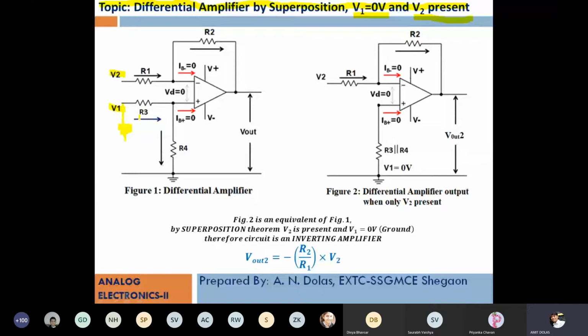As V1 is grounded, you can see resistances R3 and R4 are connected at the same terminal, that is the non-inverting terminal and the ground. That's why in the equivalent circuit, figure 2, which is the equivalent of the first whenever we consider V1 as ground, these two resistances come in parallel, that is R4 and R3. So I kept R4 and R3 in parallel between the non-inverting terminal and the ground.